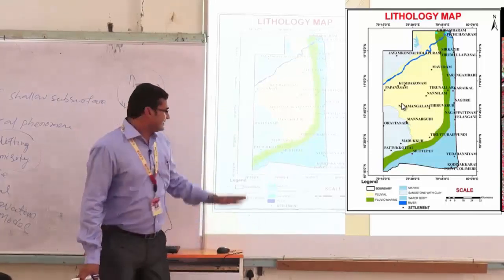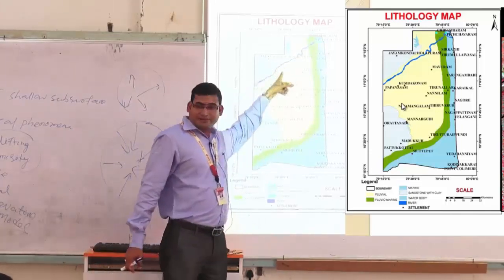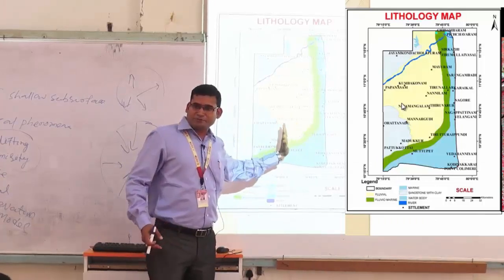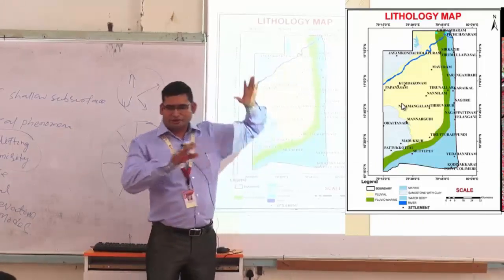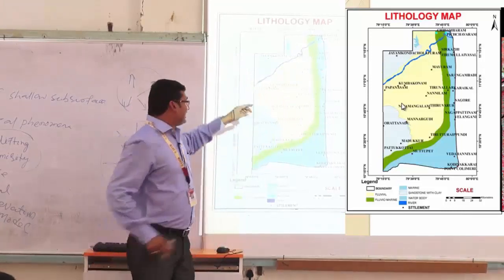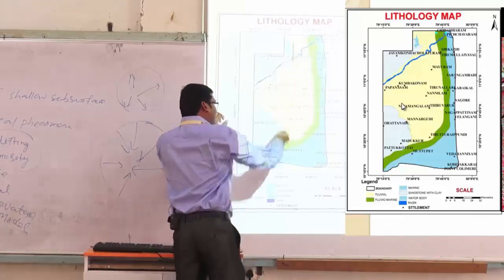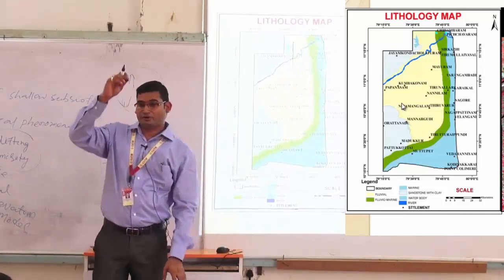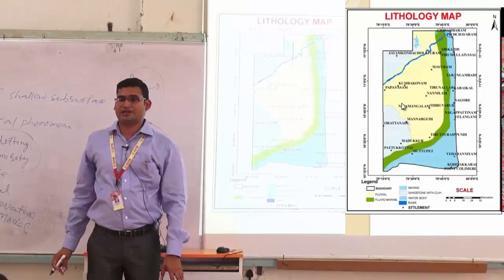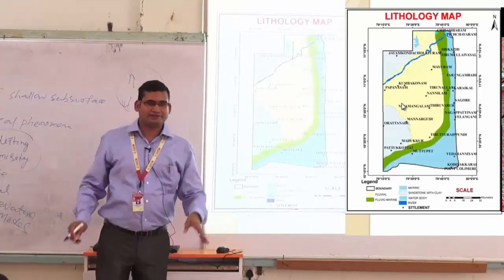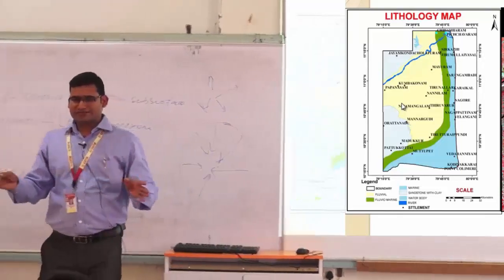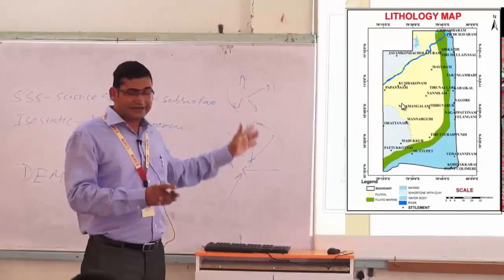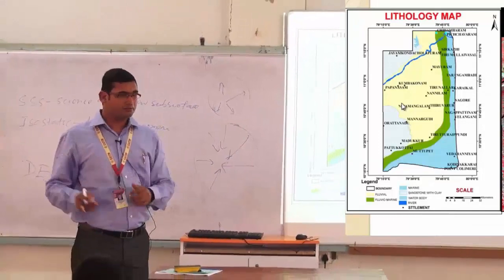From these uplands, in the eastern part of Pattukkottai and Jayankondam, suddenly there is a slope area, and there is a mega fault occurring in this region, coming in the north and south direction, which divides this area into two halves. One is your upland, another is the sloping area of the plain land.